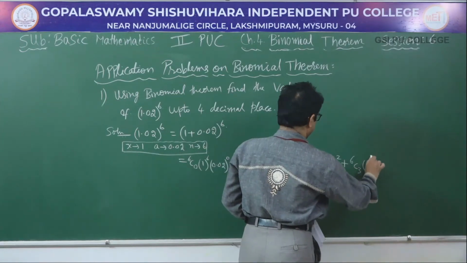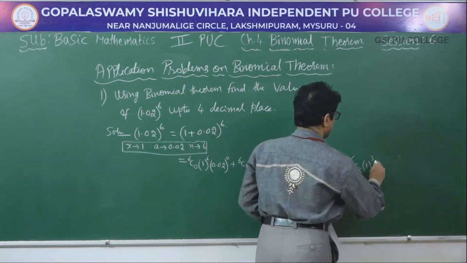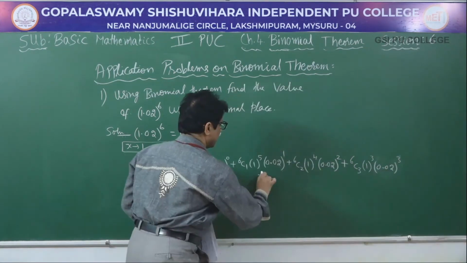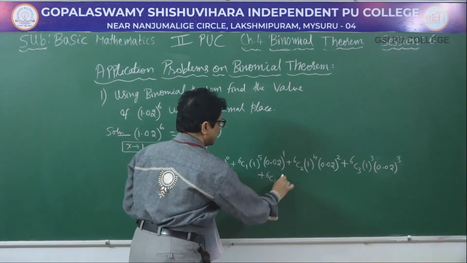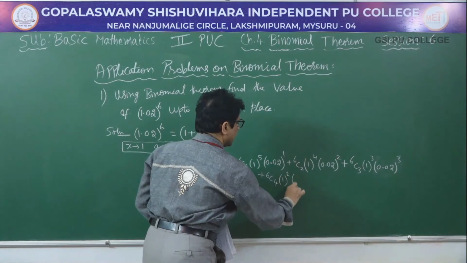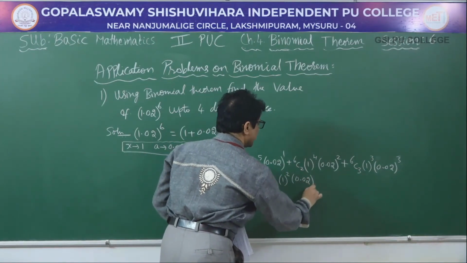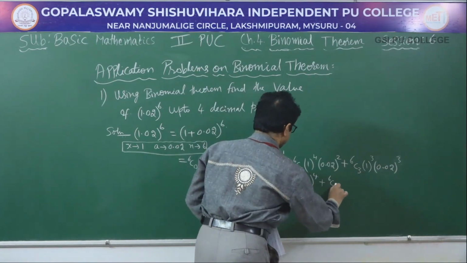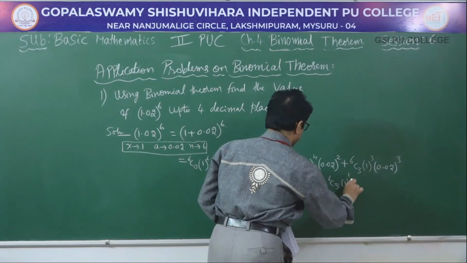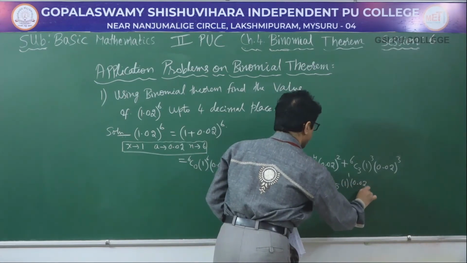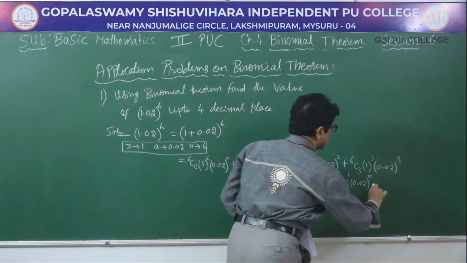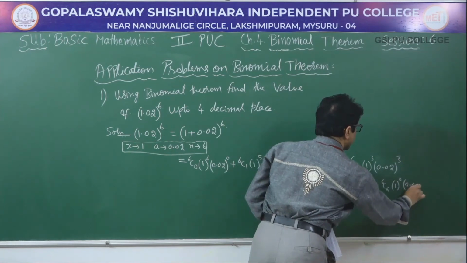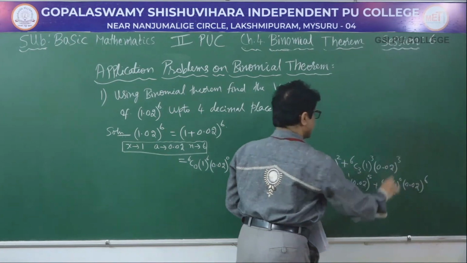6c3 into 1 power 3 into 0.02 whole power 3 plus 6c4 into 1 power 2 into 0.02 whole power 4 plus 6c5 into 1 power 1 into 0.02 whole power 5 plus 6c6 into 1 power 0 into 0.02 whole power 6.